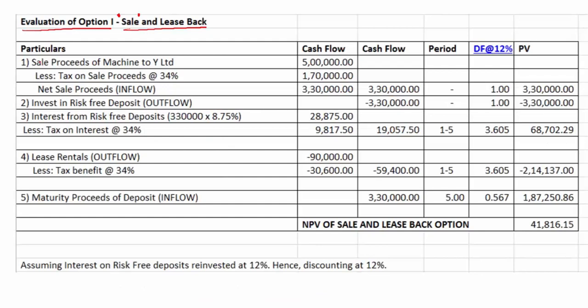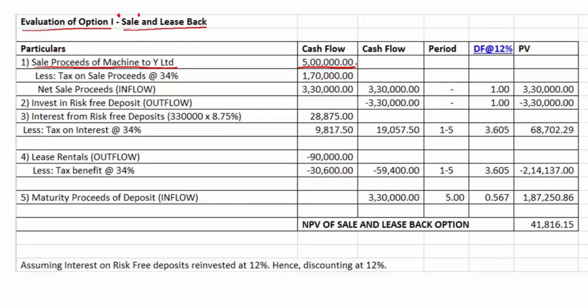So we can sell for 500,000. So the sale proceeds of machine to Y Limited is 500,000, that is 5 lakh. But this entire 5 lakh is profit because this machine has been fully depreciated in the books already, 100% in the first year of installation itself.